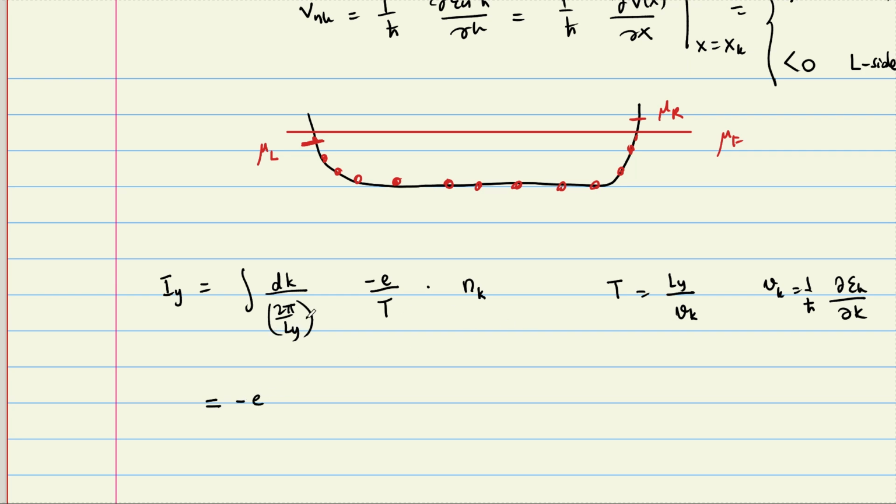Okay, this Ly, I am going to cancel with this Ly. And I'm going to write this like dk over 2 pi, 1 over h bar dE_k/dk, n of k.